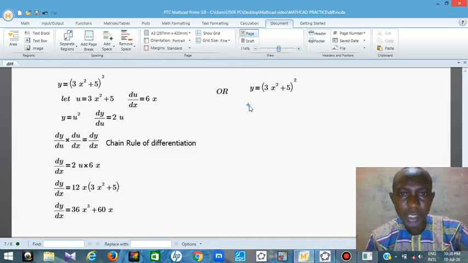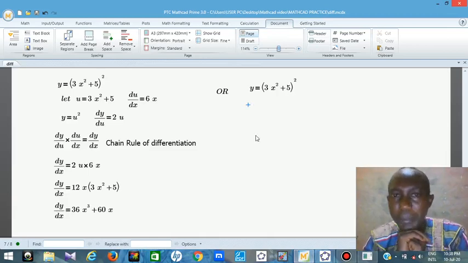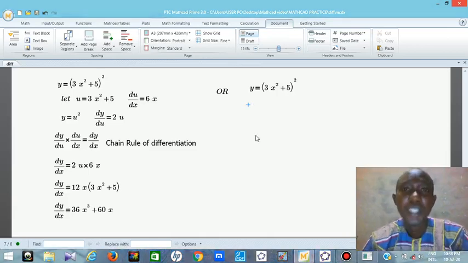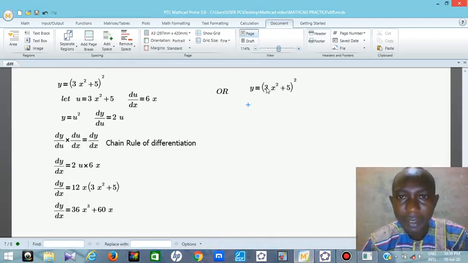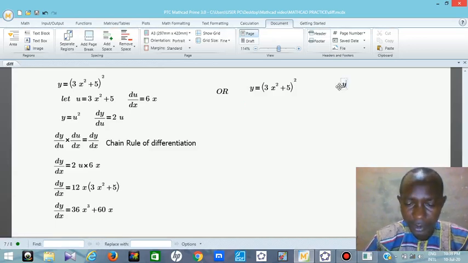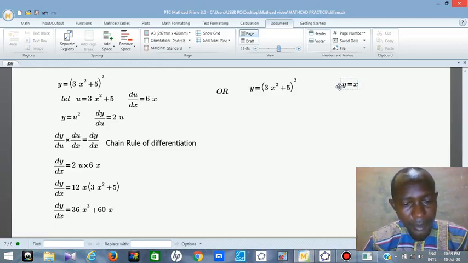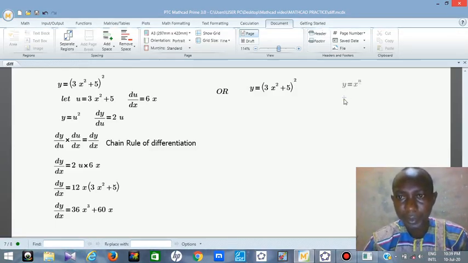What I usually do is this. Since we all know the basic rules of differentiation, and what is the basic rule? When you have a number raised to a power, let me put the basic rule here so that we'll get what we are saying. Let's say x raised to power n. Remember what we said?